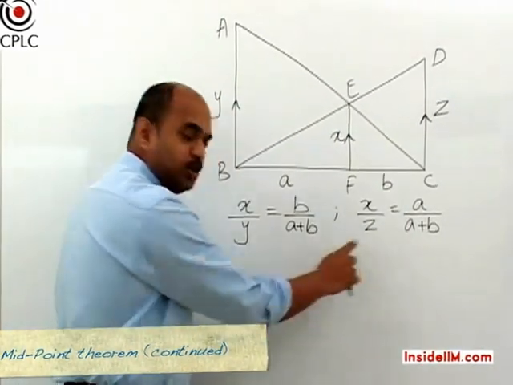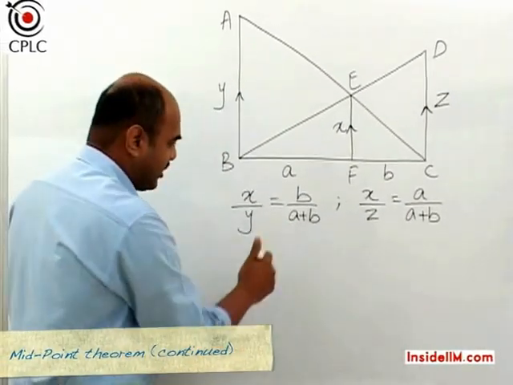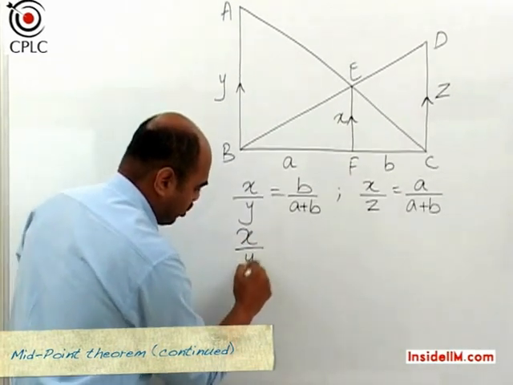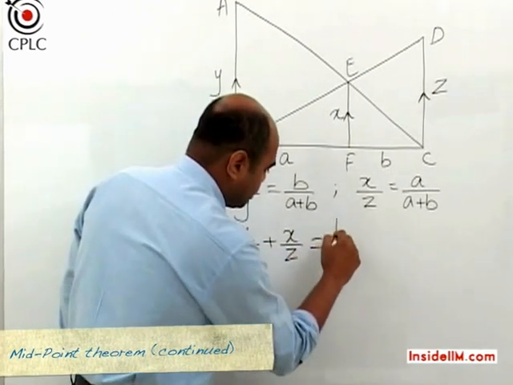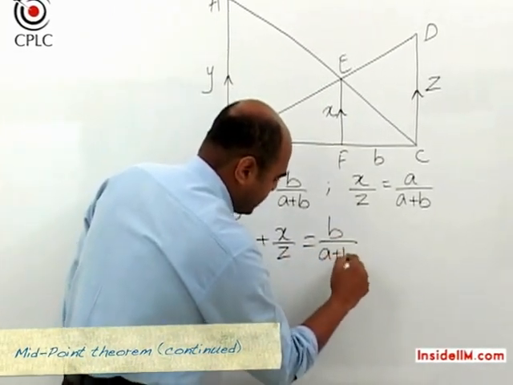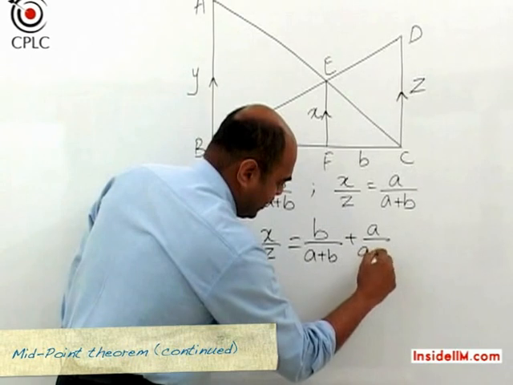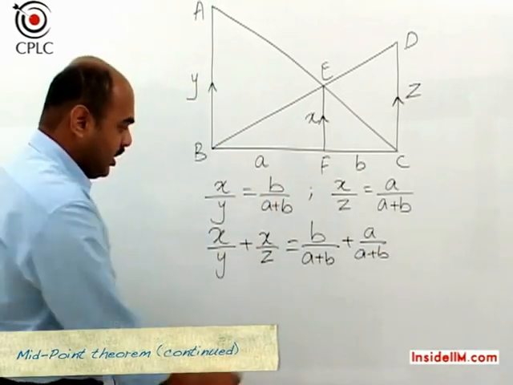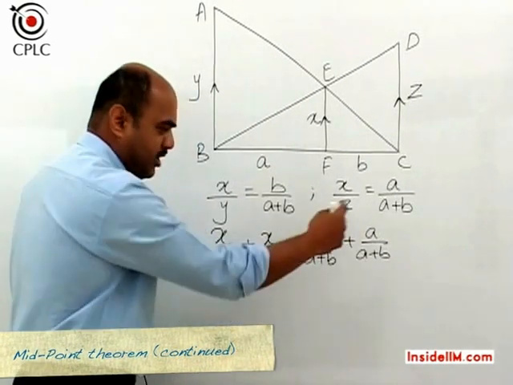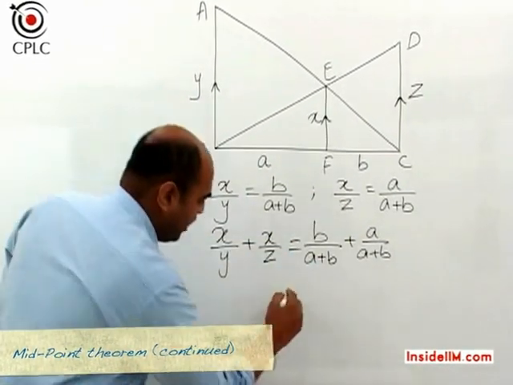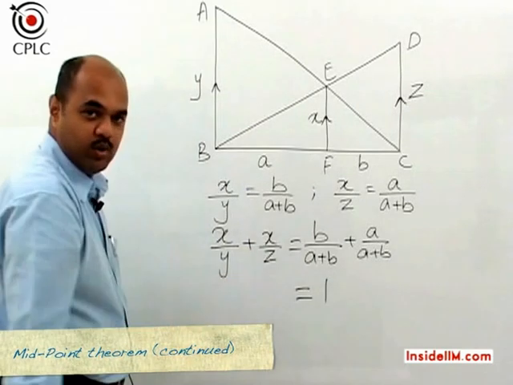Now through these two, if we add the left hand sides, we get x upon y plus x upon z. It would be equal to b upon a plus b plus a upon a plus b. If we take the LCM on the right hand side, we would get b plus a upon a plus b, which is the same, and hence the right hand side would become 1.